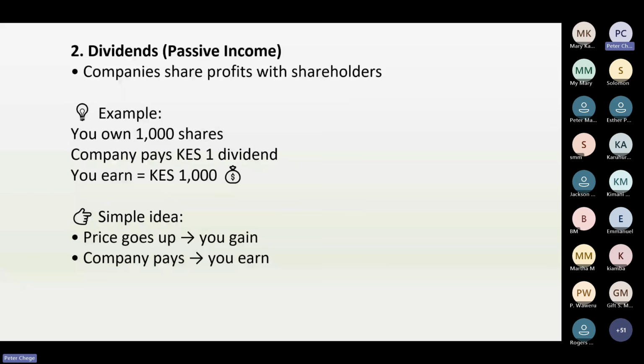The second way is the passive one, where you just buy and relax, you have peace of mind. Buy companies which are profitable. We have seen companies announcing results. We have Equity, we have KCB, we have other shares I will show you announcing results. You buy into those companies, not when prices are low, but when you have money. Now, dividend and capital gains are different.